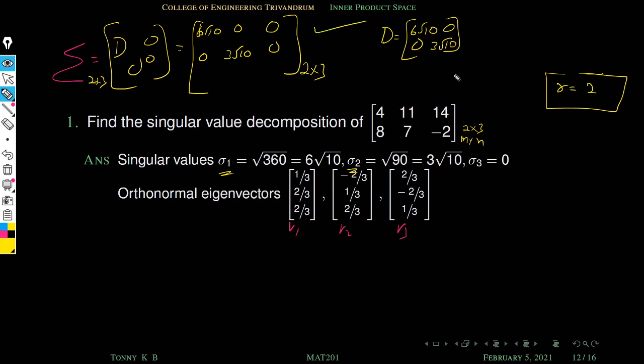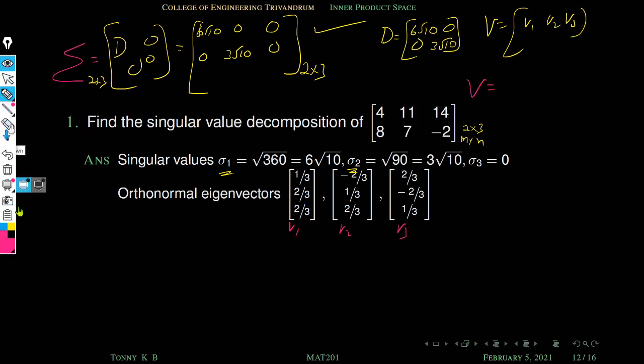Then the next one is V. V is also very trivial. We know that the matrix V is nothing but V1, V2, V3. So in this case, our V is equal to 1 by 3, 2 by 3, 2 by 3, minus 2 by 3, and so on.